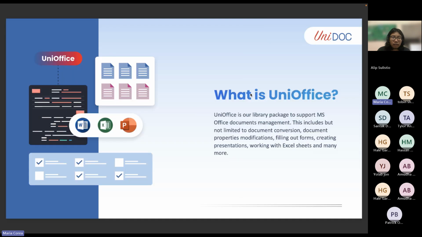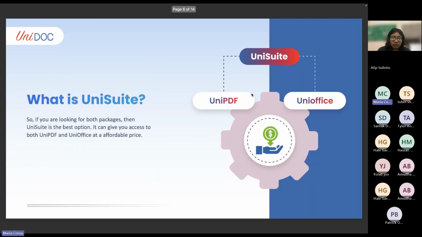We also offer UniOffice, which supports any Microsoft Office document management. It includes anything from document conversions, property modifications, filling out forms, creating presentations, working with Excel sheets, and a lot of other things you can do with it.